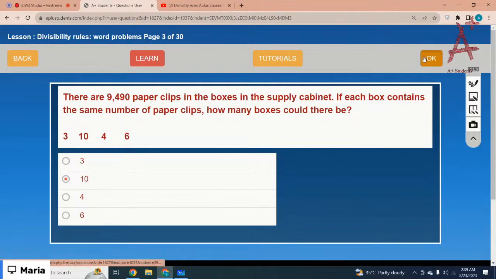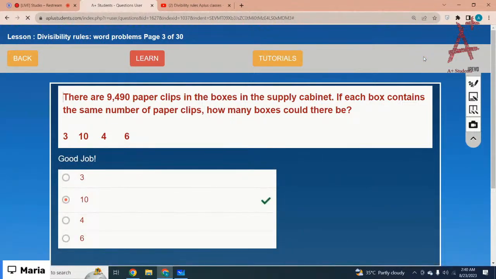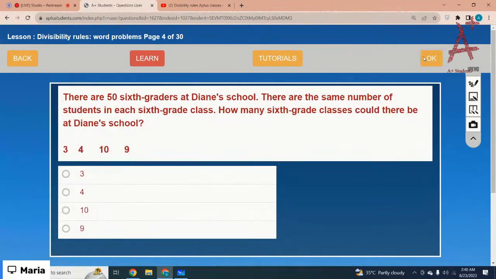Just make sure you are perfect with the divisibility rules. You must know the divisibility rules for the common numbers, then that would be very easy.